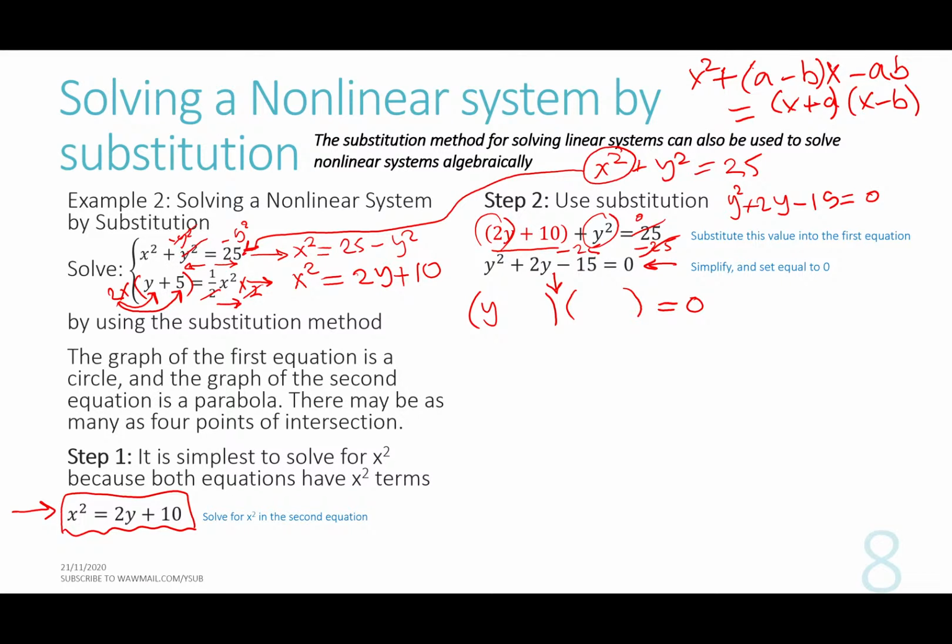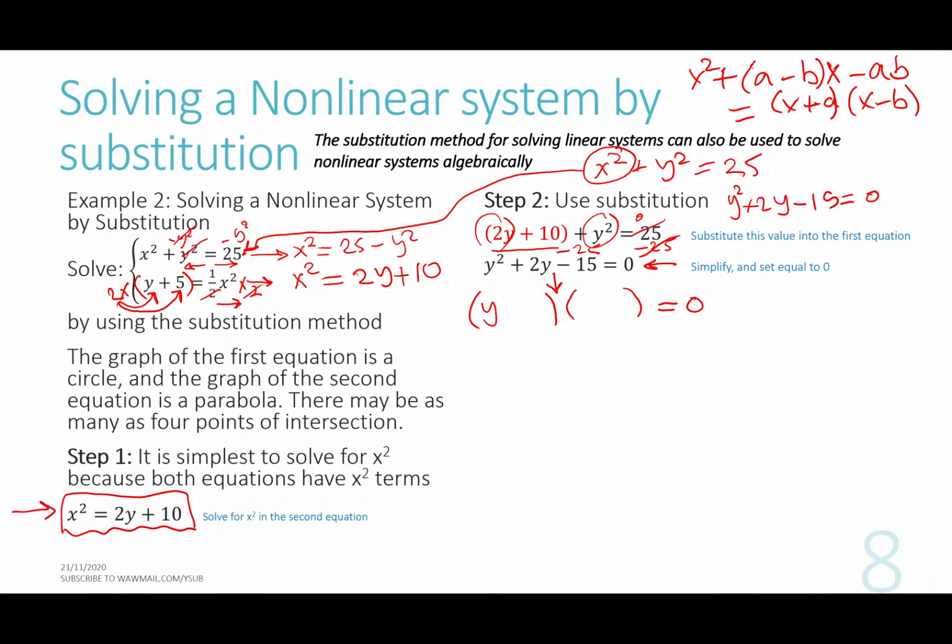Okay, so we get 3 and 5. If you notice that 5 minus 3 is 2, and 5 multiplied by minus 3 is minus 15.